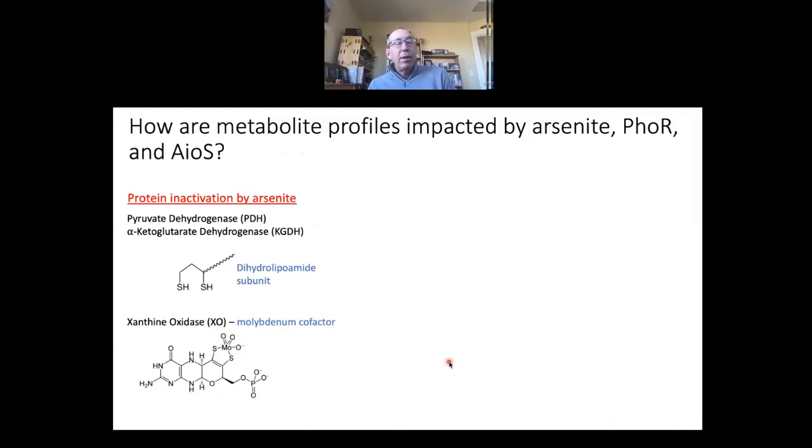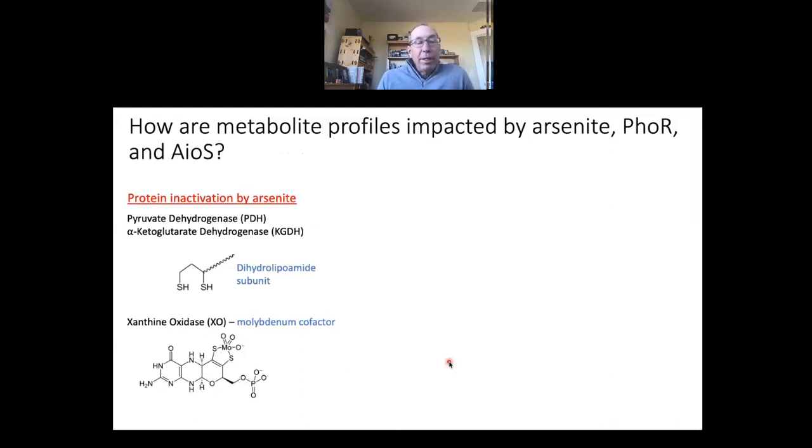What I'm showing you here are the active sites of a couple of enzymes: pyruvate dehydrogenase and alpha-ketoglutarate dehydrogenase. Both of these enzymes have this dihydrolipoamide subunit with two sulfhydryl groups on it. So these can be oxidized by arsenite, essentially inactivating the enzyme.